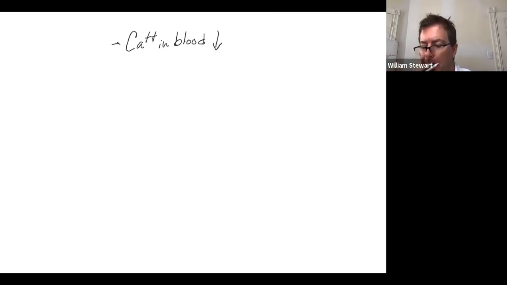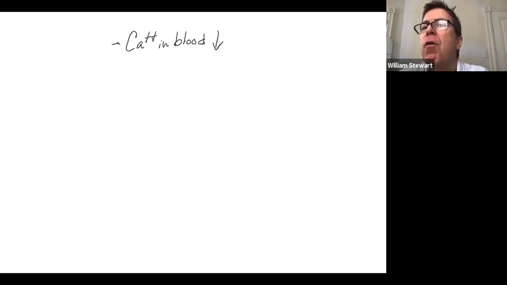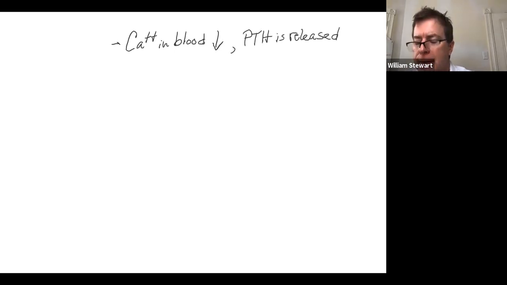When calcium levels in the blood drop or decrease, so when that strictly regulated amount of calcium in the blood decreases, that causes parathyroid hormone to be released. So I'm going to put PTH is released from those glands, right?